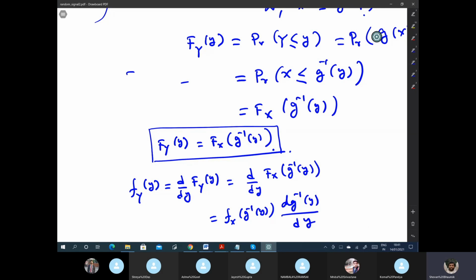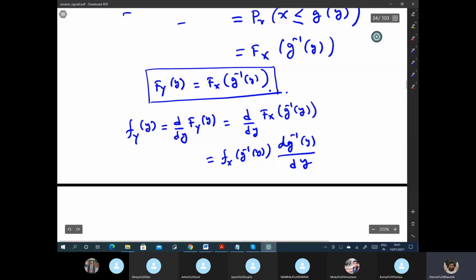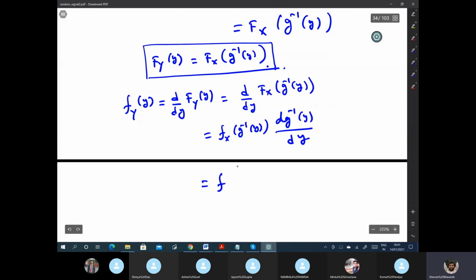Now g inverse y means, since y equals g of x, g inverse y is x. So f_X of small x times dx by dy, where x equals g inverse y. This is the formula.